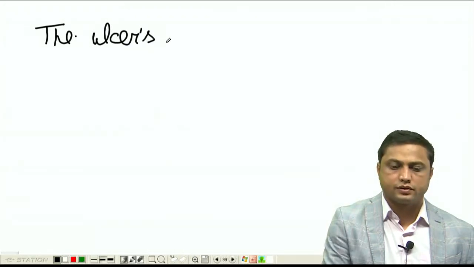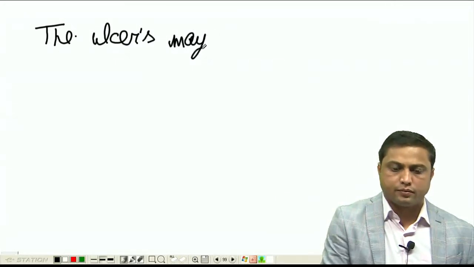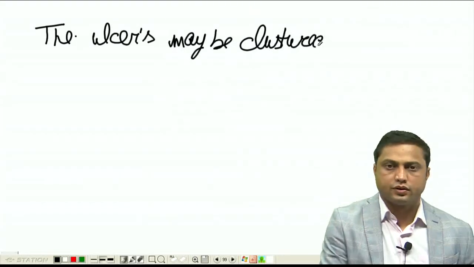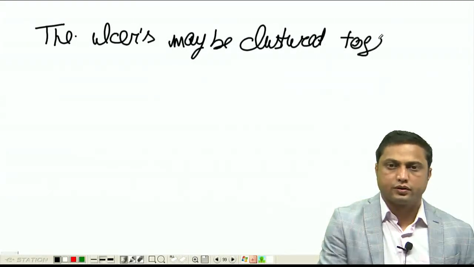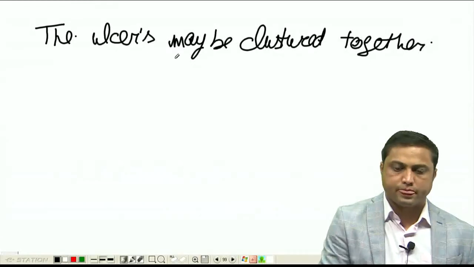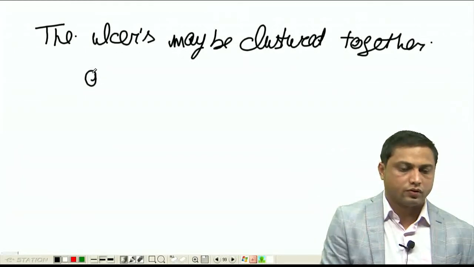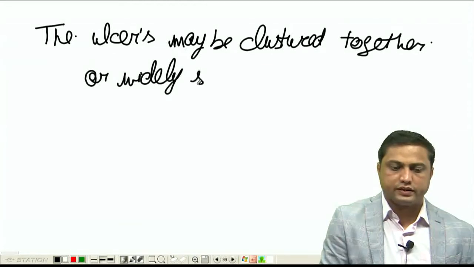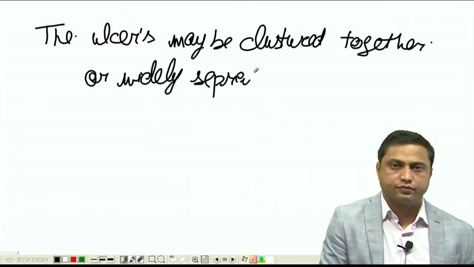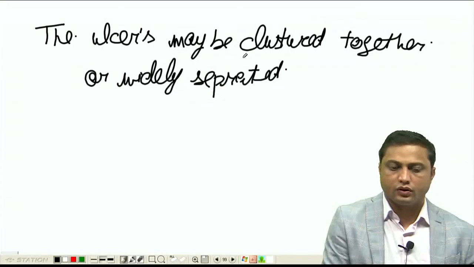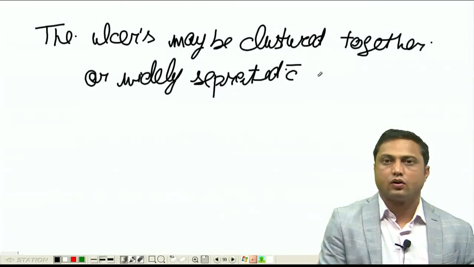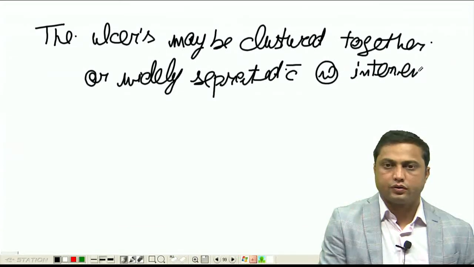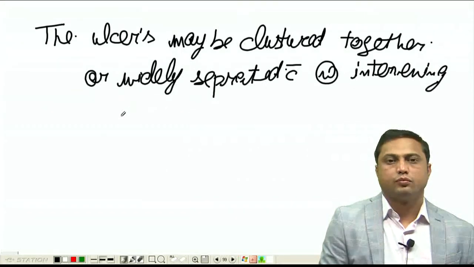The ulcers may be clustered together or widely separated with normal intervening mucosa.